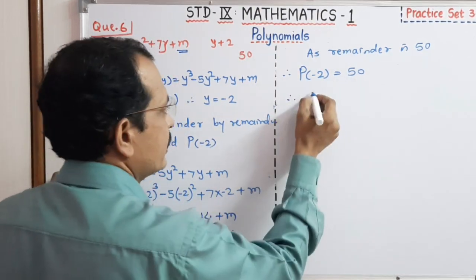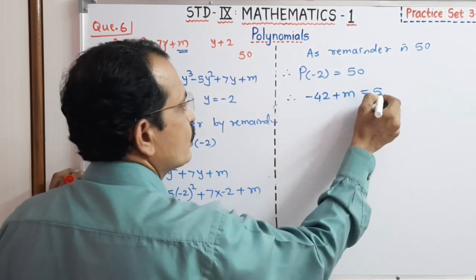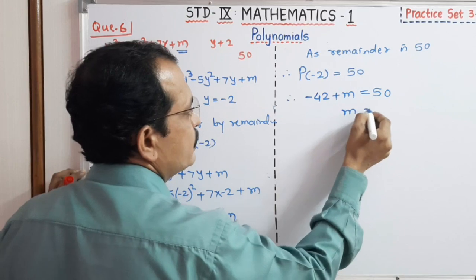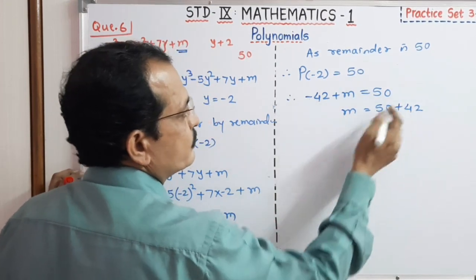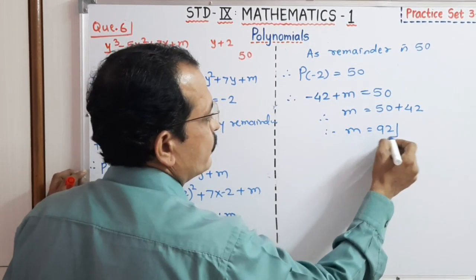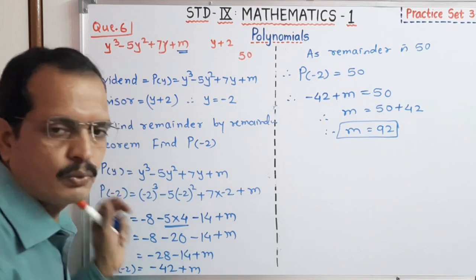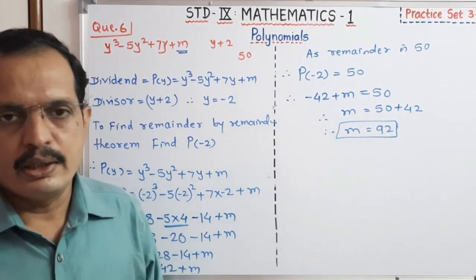Therefore we can say that minus 42 plus n is equal to 50. Therefore n is equal to 50 plus 42. This minus will go that side. Then n is equal to 92. Therefore, dear student, we get the value of n is equal to 92.